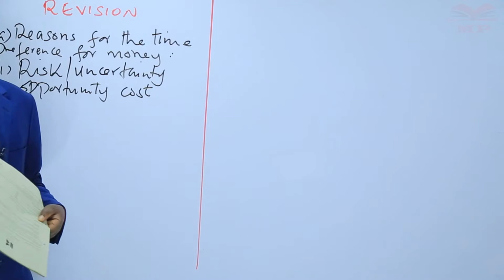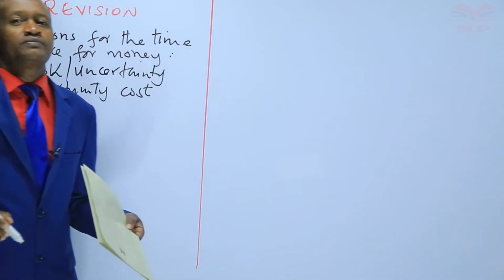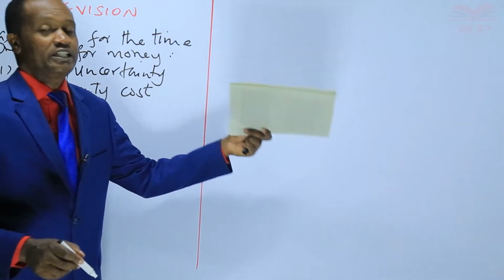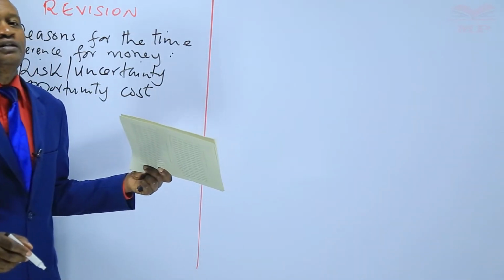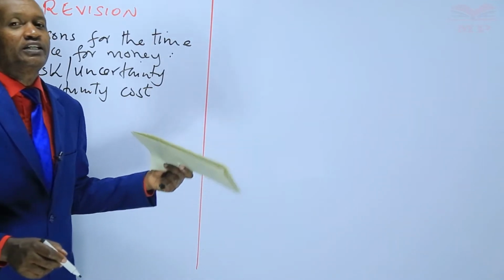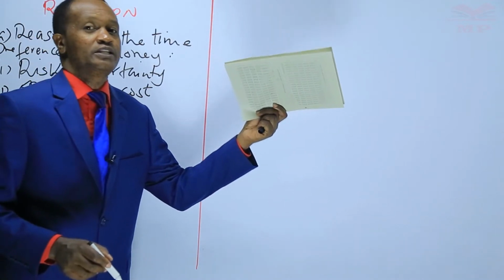I would rather give you the 10 million today. That 10 million you can put in a fixed deposit account and earn interest on it, other than wait for 1 year and get the same 10 million.